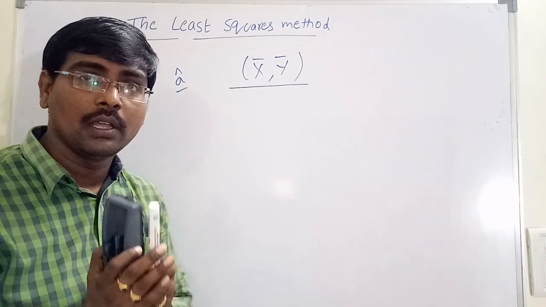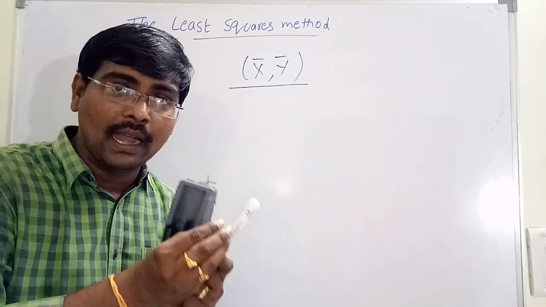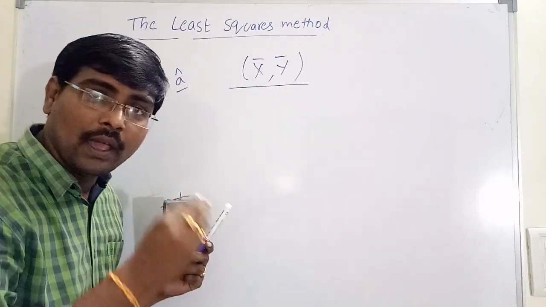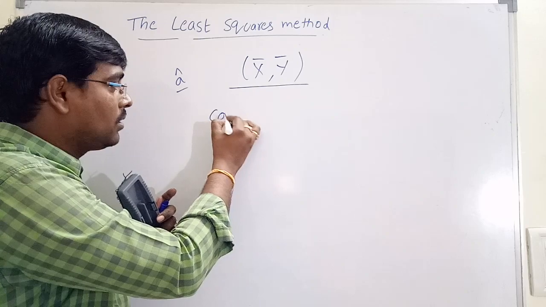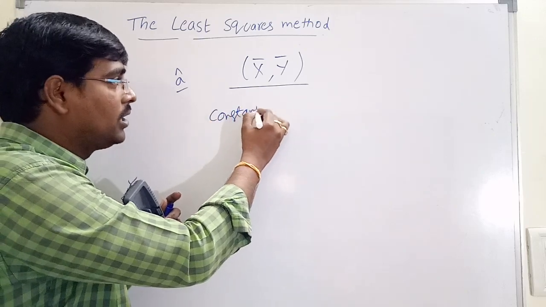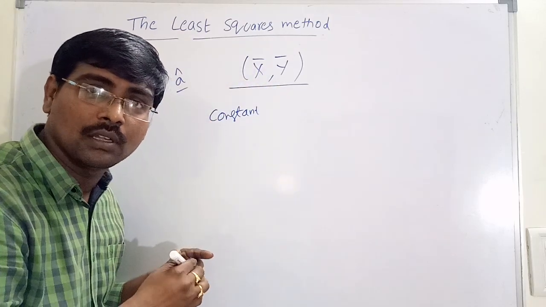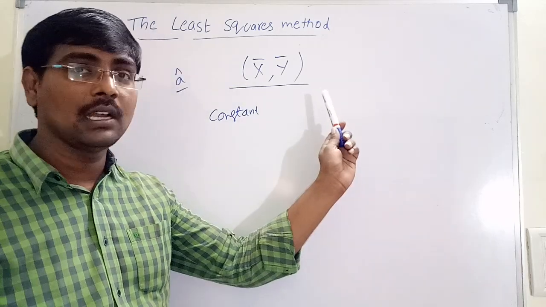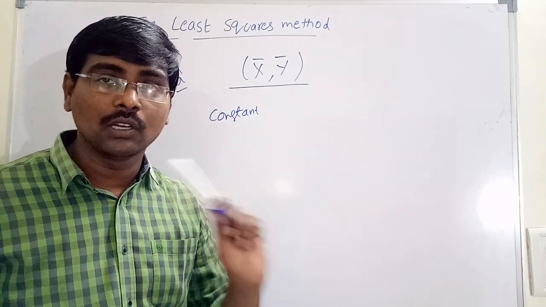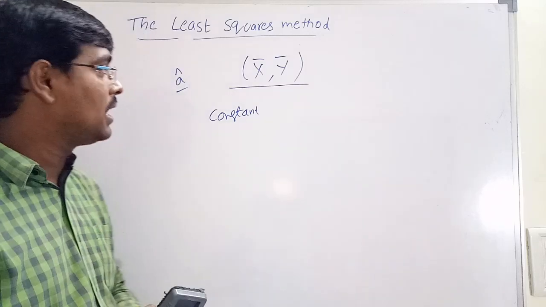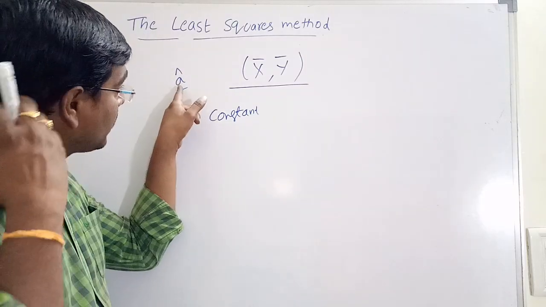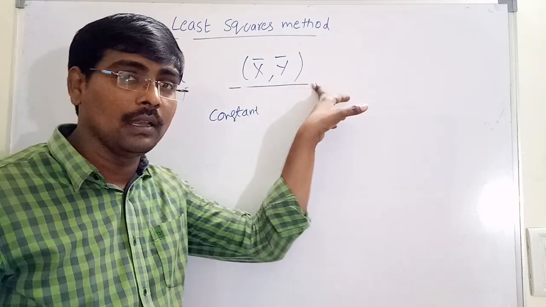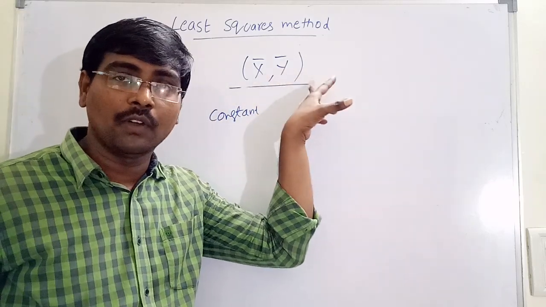Okay, this one. If we are adding a constant to all x values, it changes only the intercept but does not modify the regression coefficient. Got it? Again I will explain. The regression line passes through x bar, y bar.